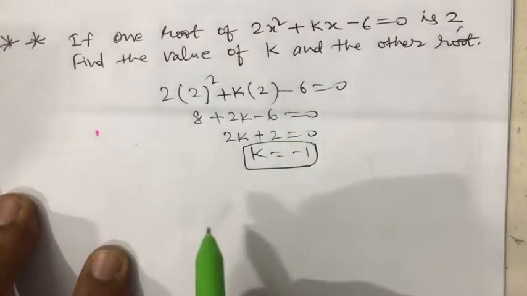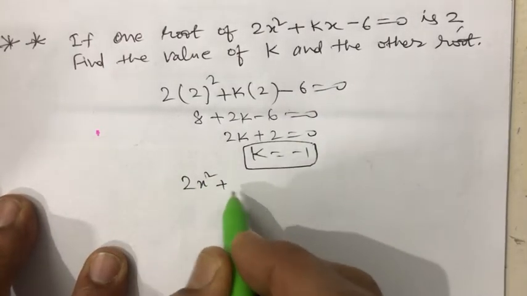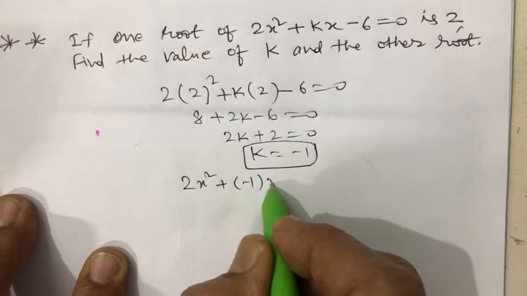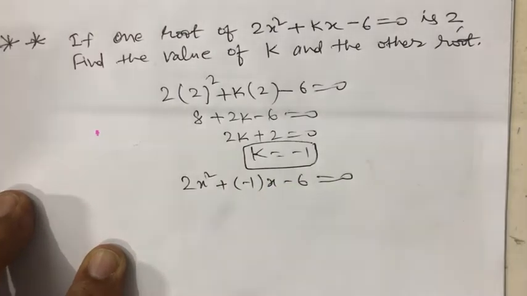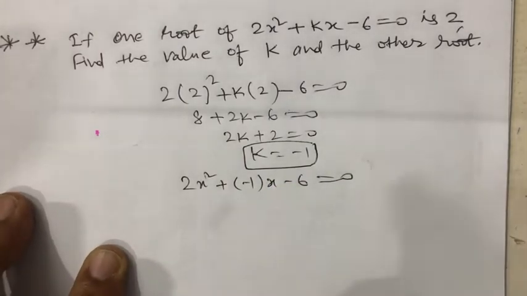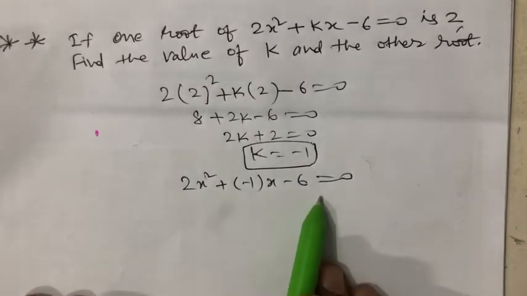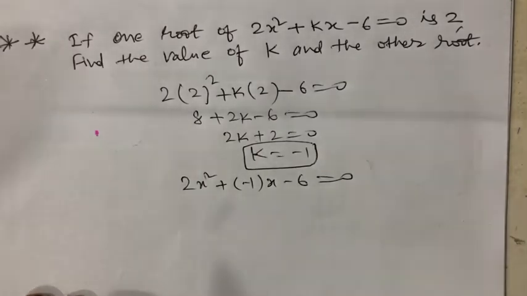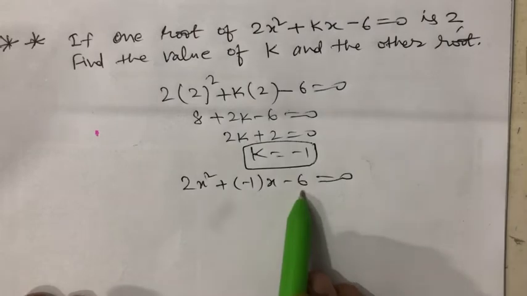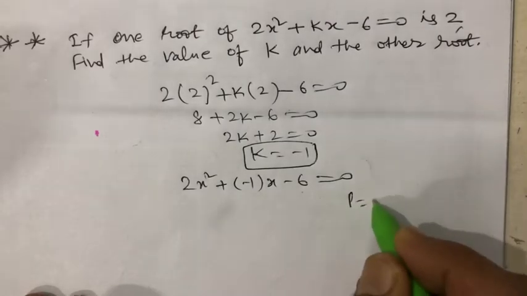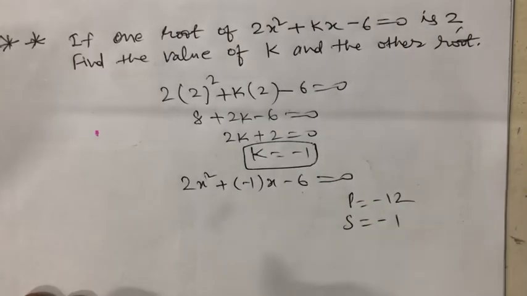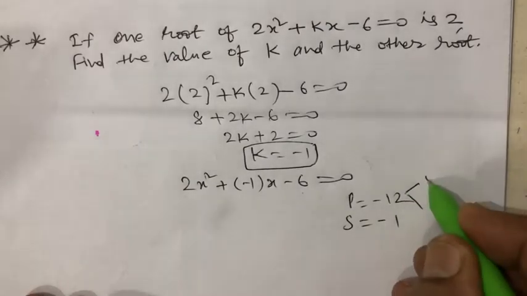When k equals minus 1, 2x square minus x minus 6, you have to calculate the other root. Very simple, by splitting the middle term, factorization, or by quadratic formula, your choice. 2 into 6, minus 12 is needed as product, and sum we need only minus 1. You know the factors of 12, 4 and 3.